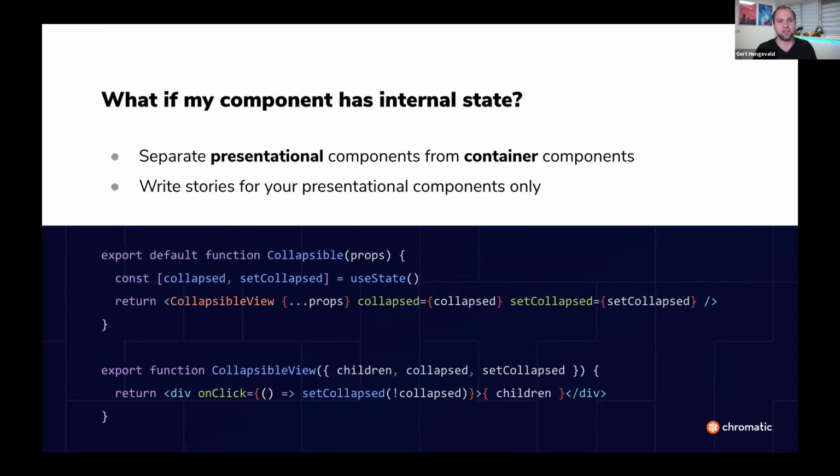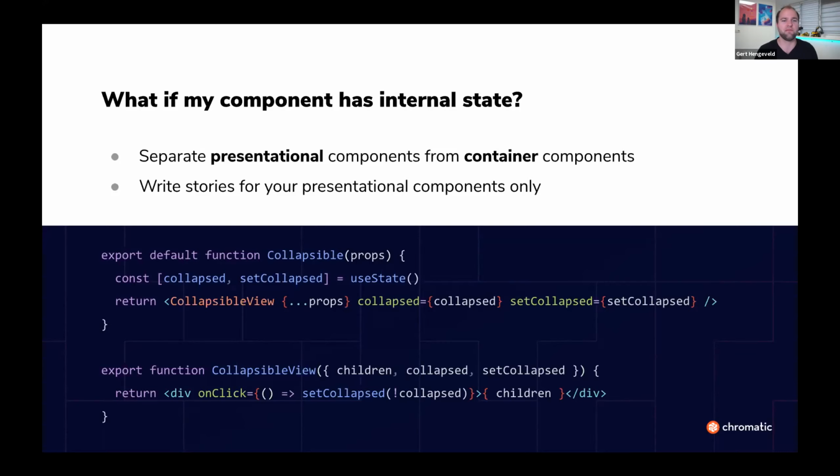Well, what you do is you take that component apart. You create a presentational component, which only renders itself based on a set of properties, props, or whatever it's called in a different library. And then you have a container component around it that keeps track of the state and then passes that along to the underlying component.